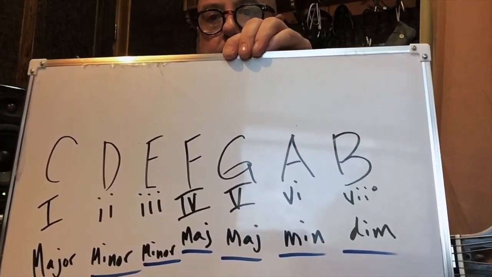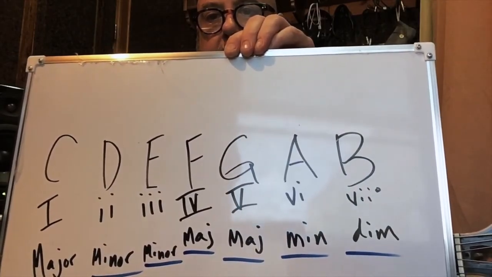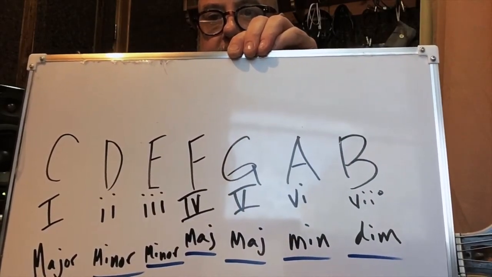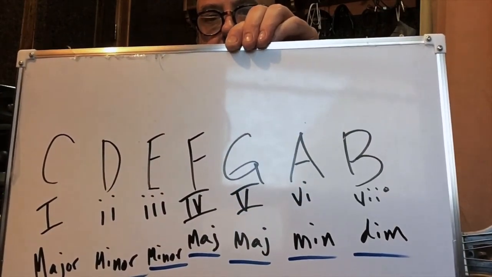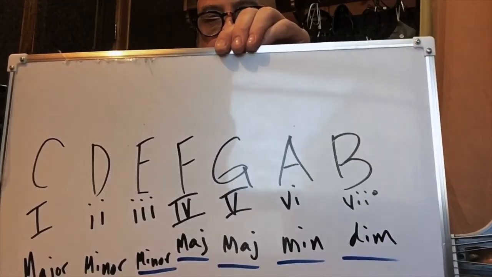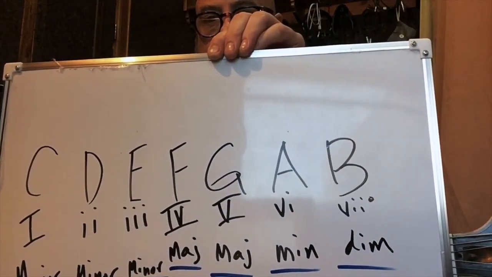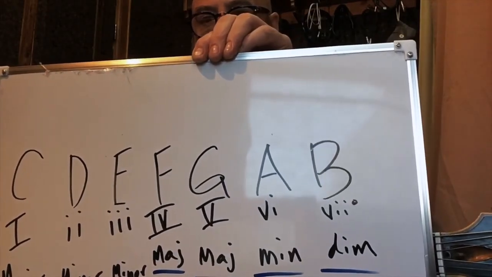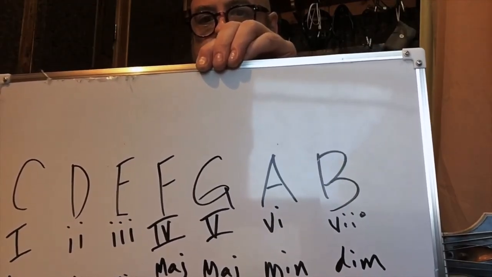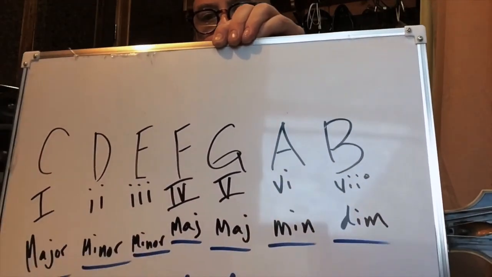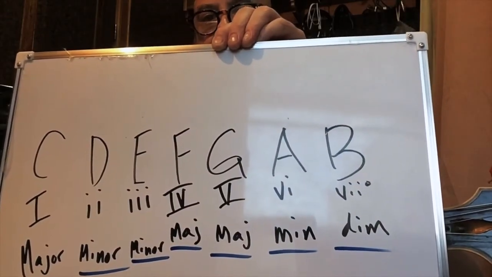This is the order of chords within any major key. We're just using C major here. Your first chord is major, your second chord is always minor, your third chord is always minor, the 4th chord is major, the 5th chord is major, the 6th chord is minor, and the 7th chord is something called diminished, which is what that tiny little circle indicates, also the DIM below it.